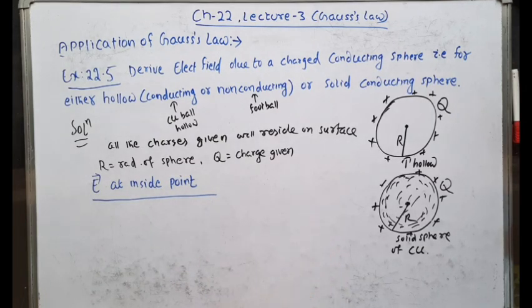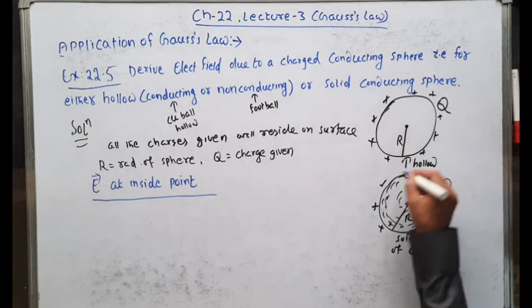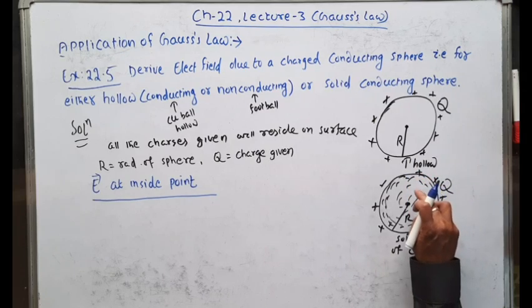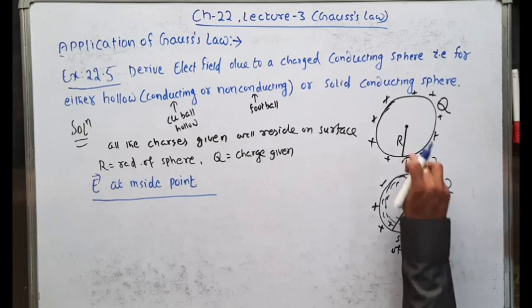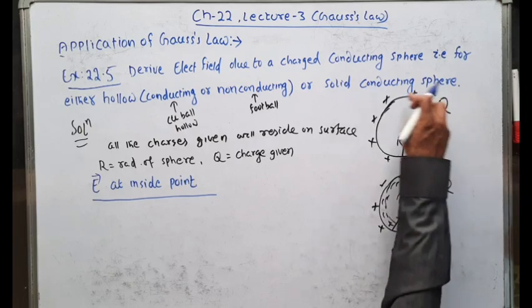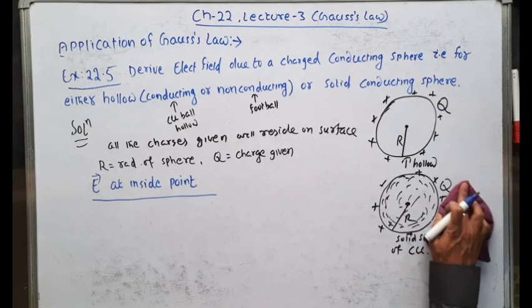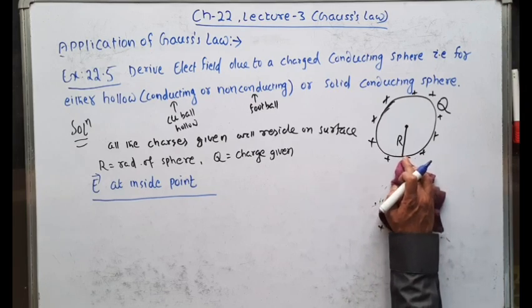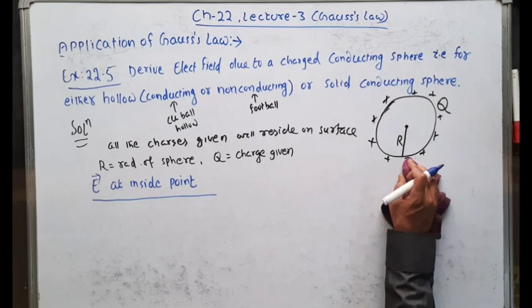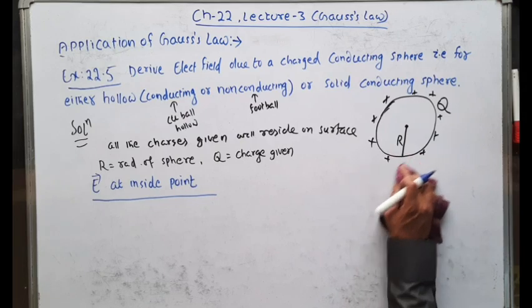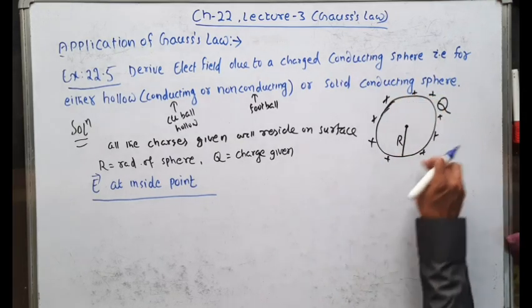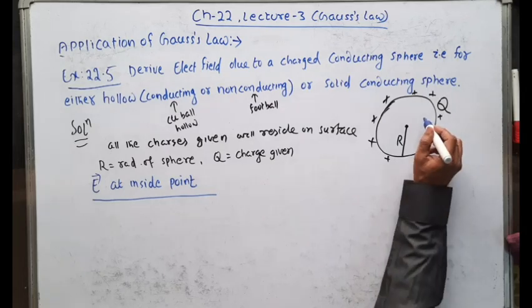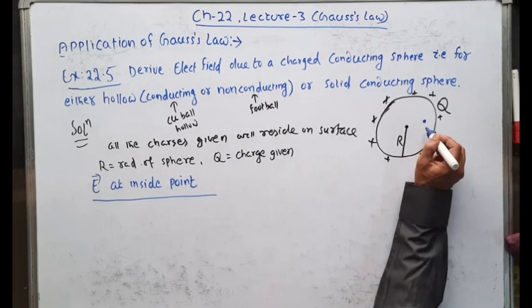Now let us say this is the sphere. We are discussing hollow or solid, and in both cases the charge resides on the surface, even for a non-conducting hollow sphere. Suppose this is a point.